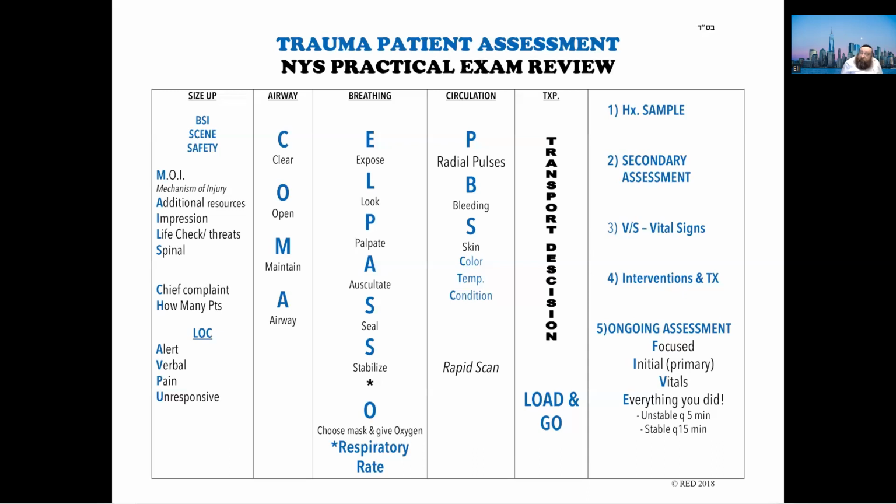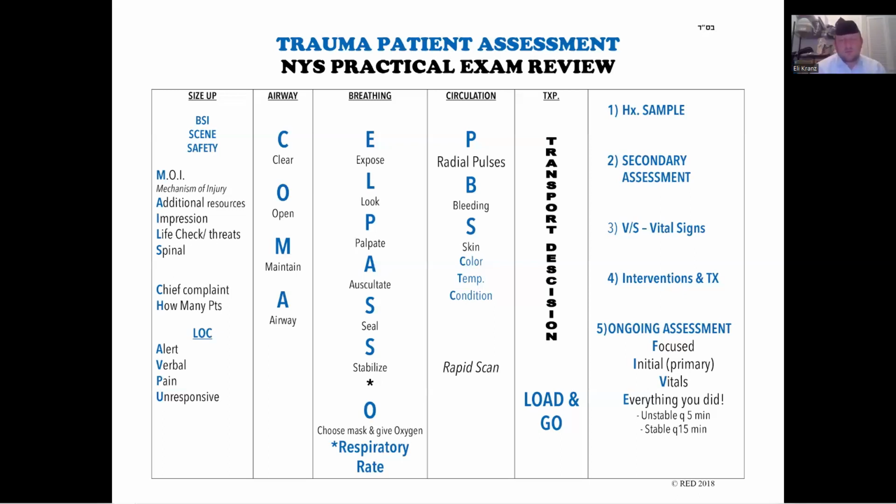If they don't accept it, take it out. COMA: clear, open, maintain the airway. Good. Easy column, right? What was the M? Maintain, OPA or NPA. And the A? Just airway, just to make it a word, COMA.